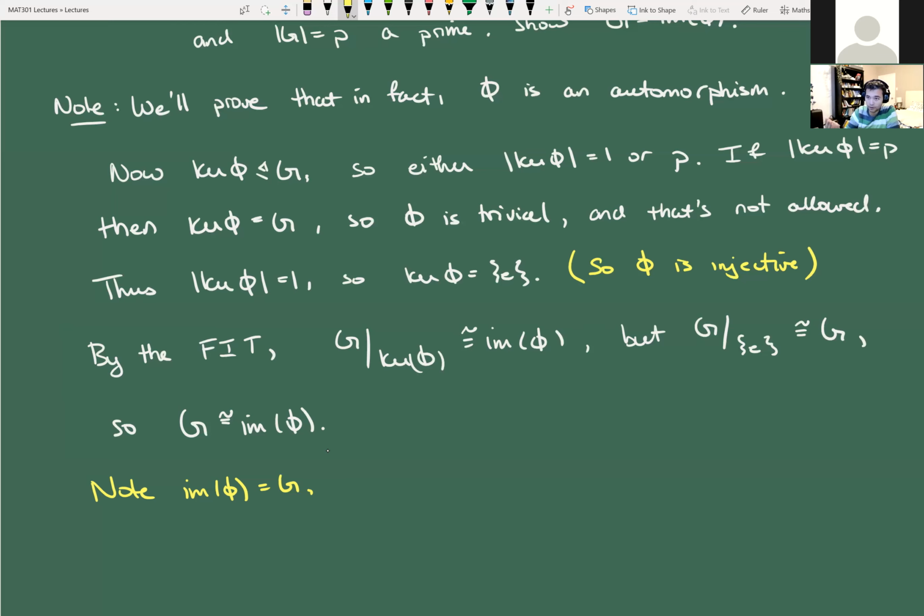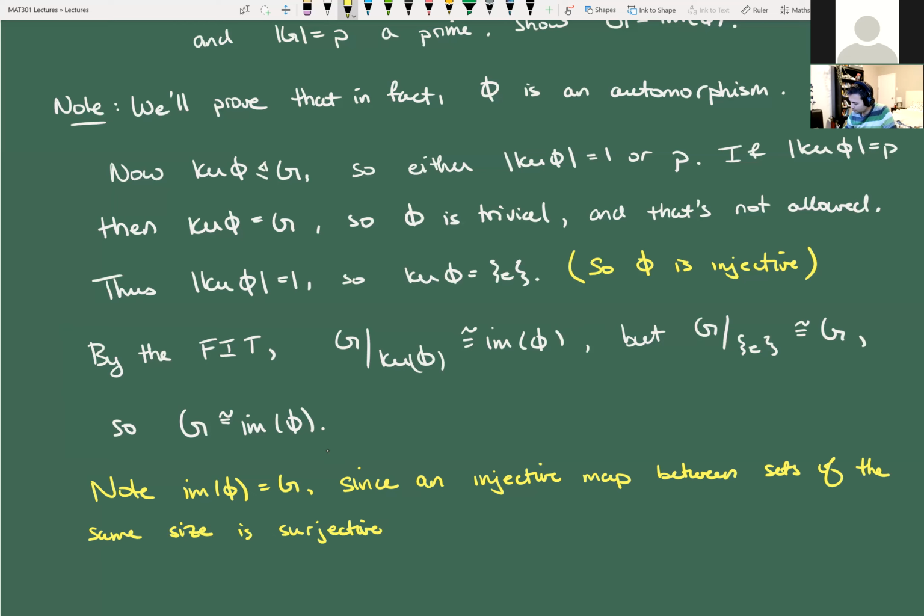It doesn't work for infinite cardinals, but an injective map between two sets of the same size is automatically surjective. Thus phi is actually a bijection, because it's both injective and surjective.